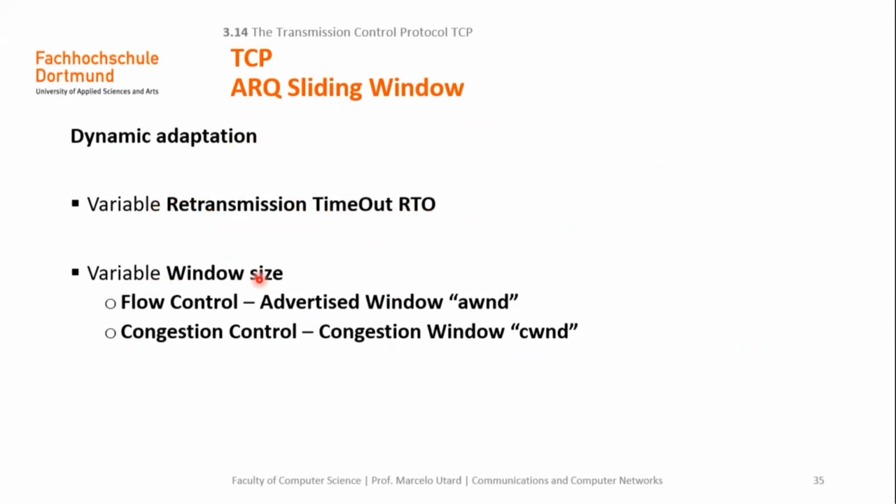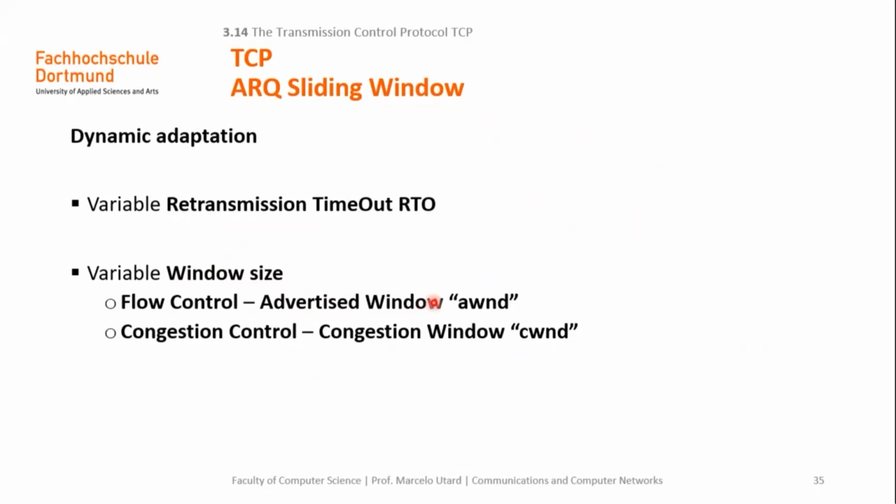Then we will see that, in fact, there is an explicit window size that is specified as the advertised window, that the receiver sends to the transmitter, the window size that could be used, and this is to perform a flow control mechanism.